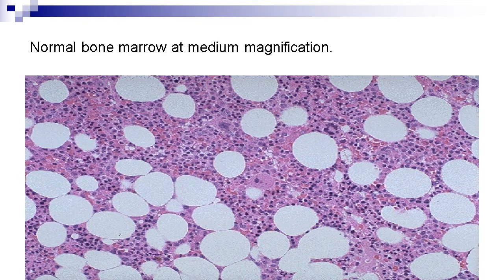The large ones are platelets, and the other dark nuclei are the red cell progenitors, and those with a lighter cytoplasm are the white cell progenitors. The normal bone marrow usually shows a 50-50 combination: 50% cellular component and 50% fatty component.